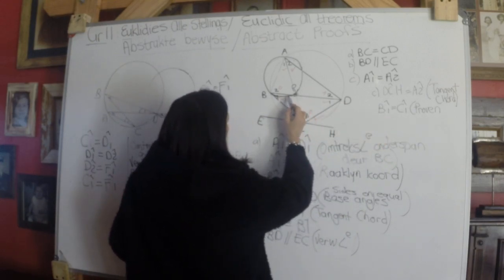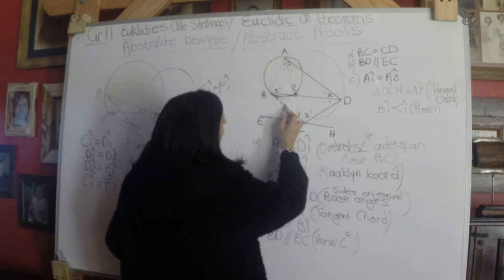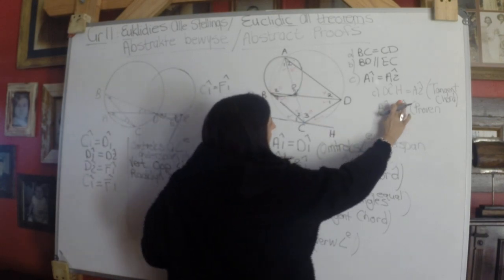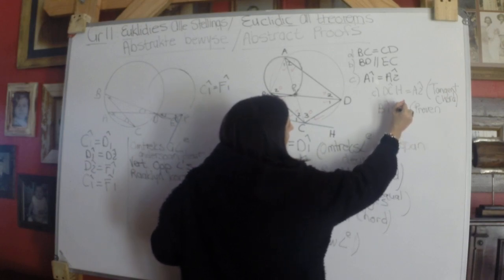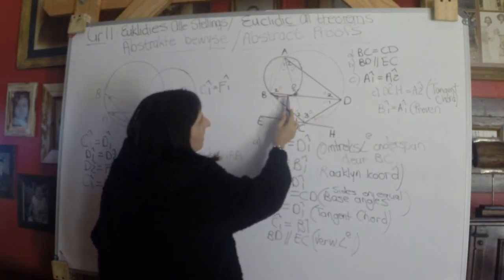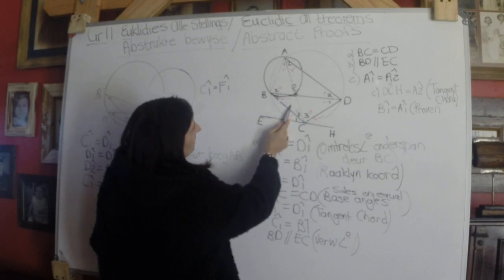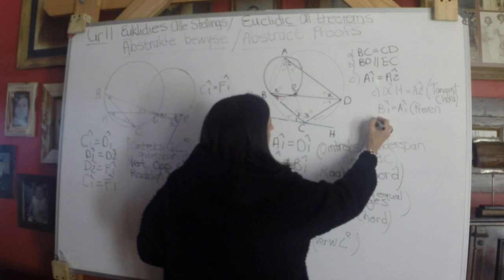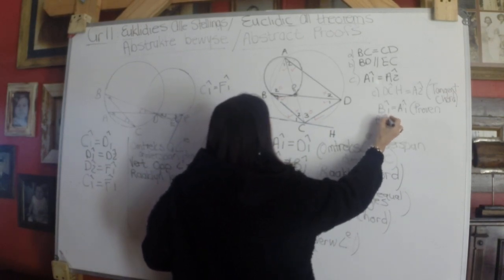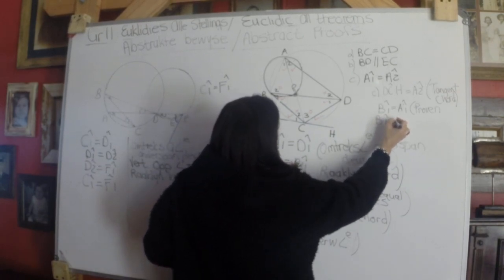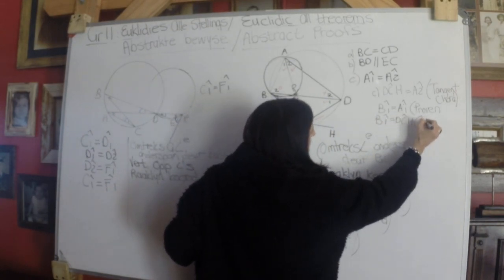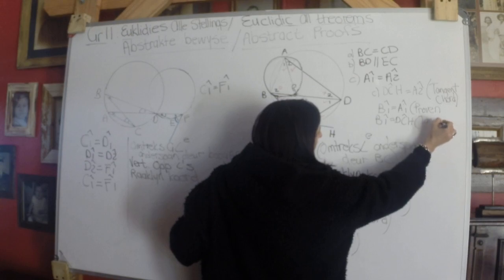B1 equals A1, and B1 also equals DCH. That's a tangent chord.